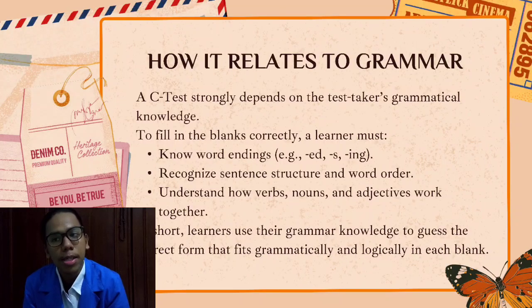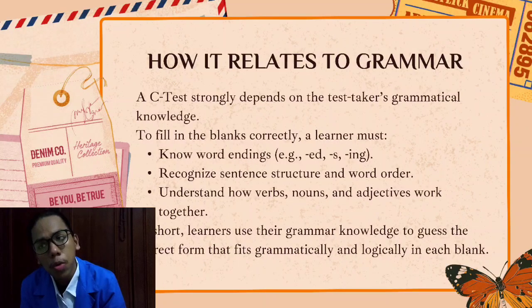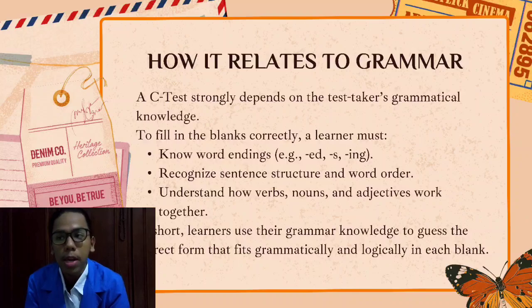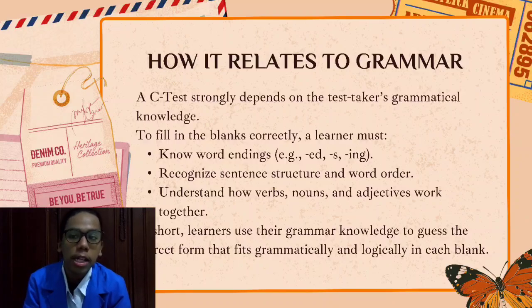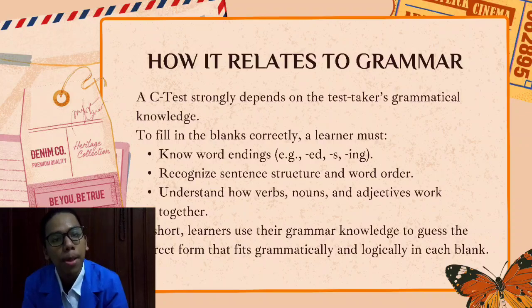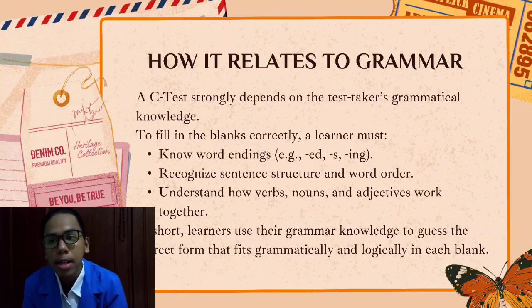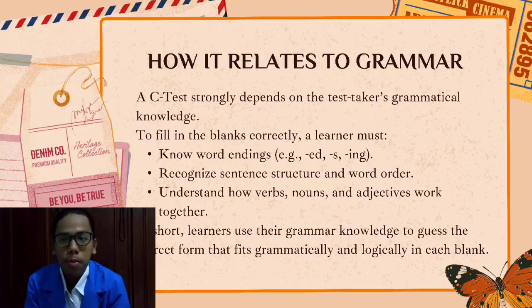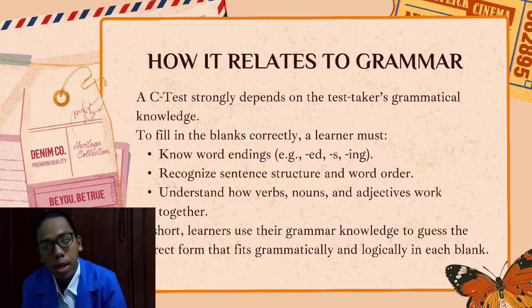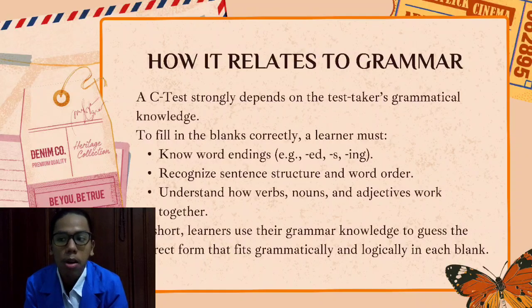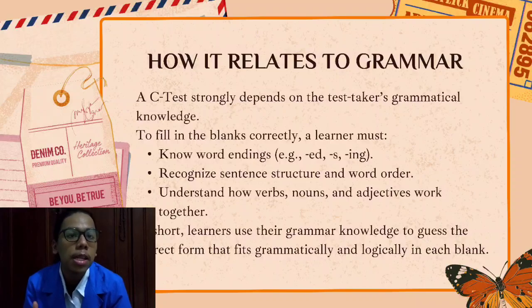And how it relates to grammar mastery. A C-test strongly depends on the test taker's grammatical knowledge. To fill in blanks correctly, a learner must know word endings like ed, s, and ing, or we call it suffix, recognize sentence structures and word order, and understand how verbs, nouns, and adjectives work together.